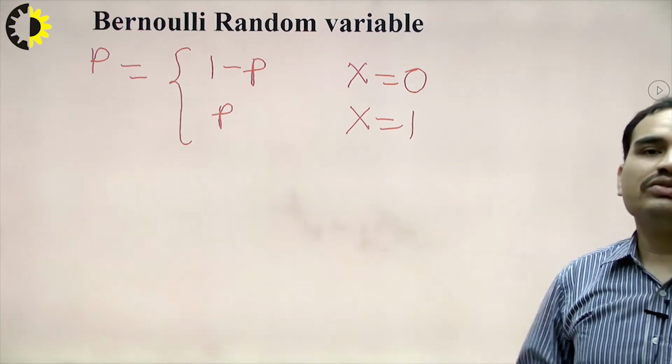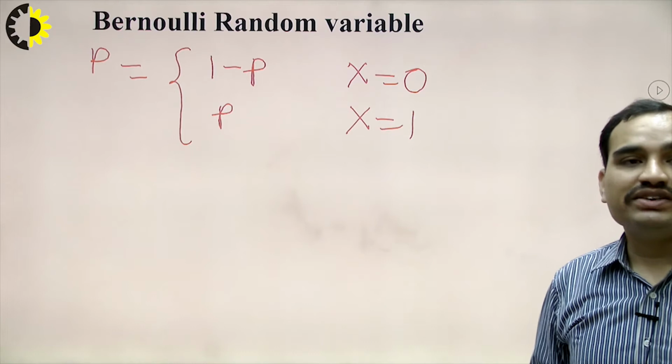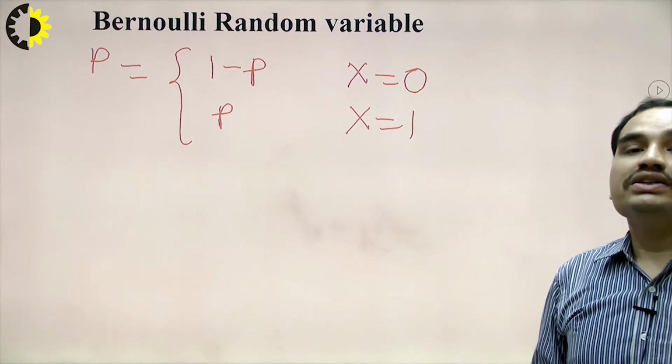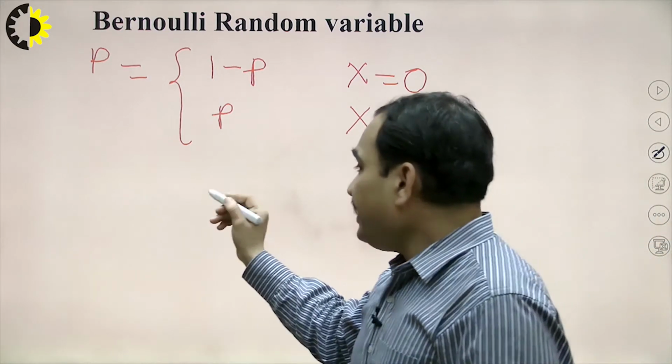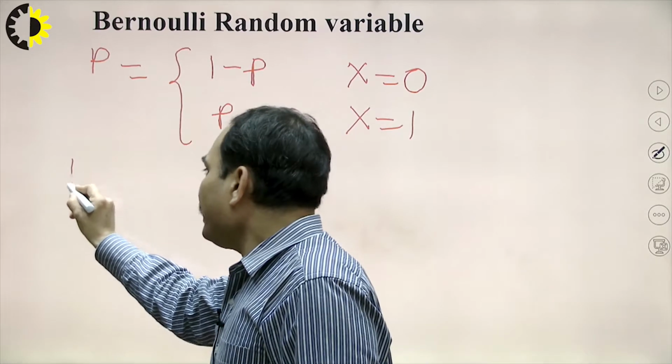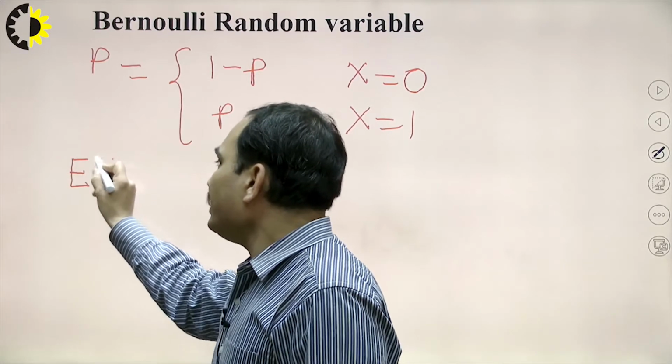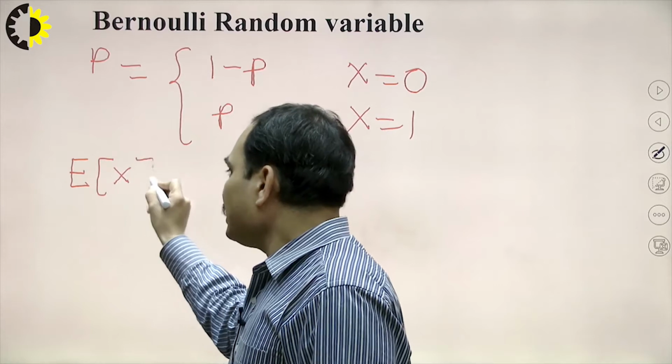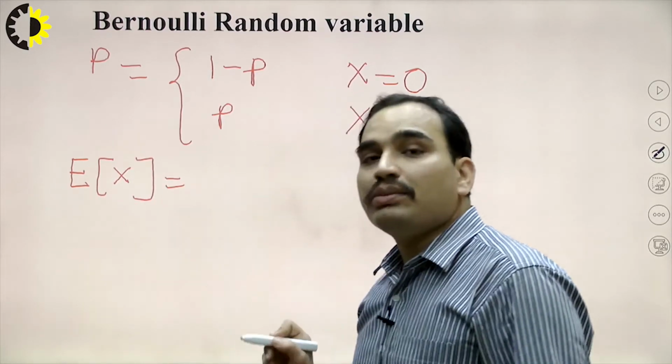For a discrete probability mass function or probability density function, we know how to calculate it. We can calculate the mean, or the expected value, of a random variable x using the PDF.